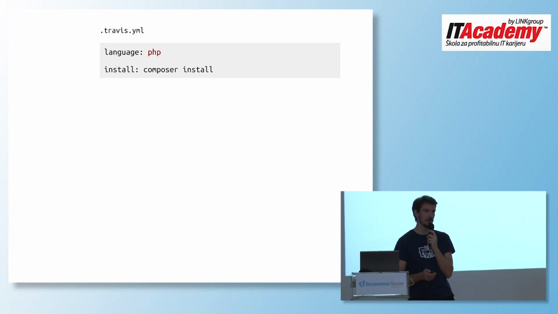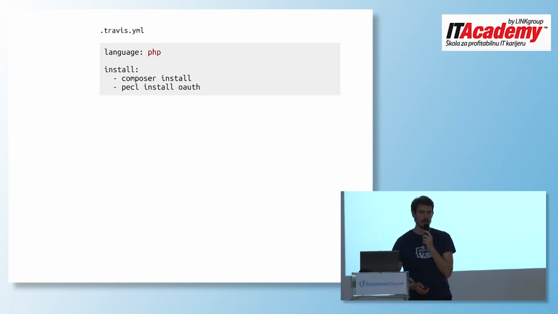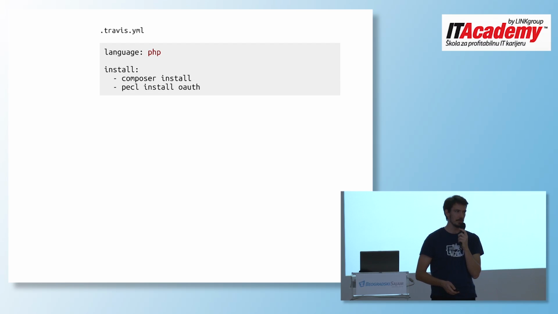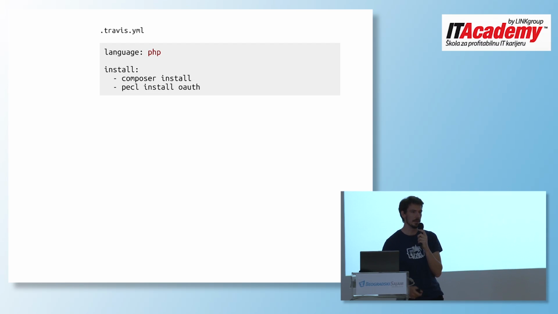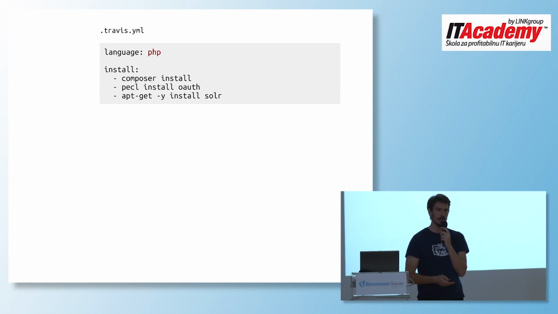You can also use it to do things like install some missing extensions from PECL, or even use apt-get, because they use an Ubuntu-based VirtualBox, and you can install a server you need. Let's say I had a project which required a Solr server to test because I wanted to do the test all the way to the server, end-to-end. So you install it there. You can start it from there, stuff like that.